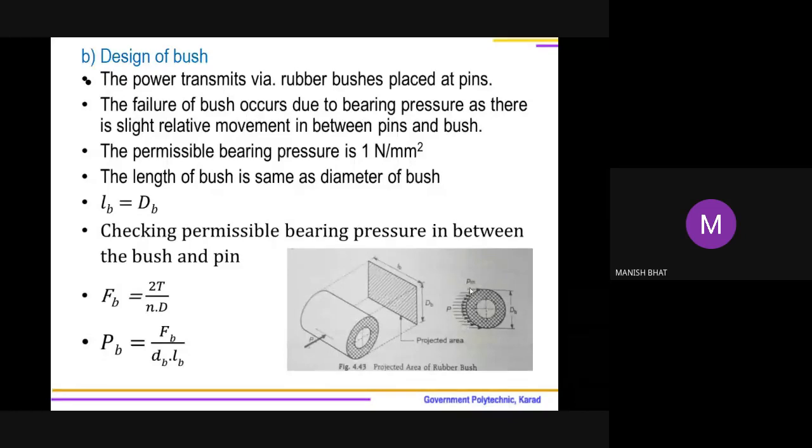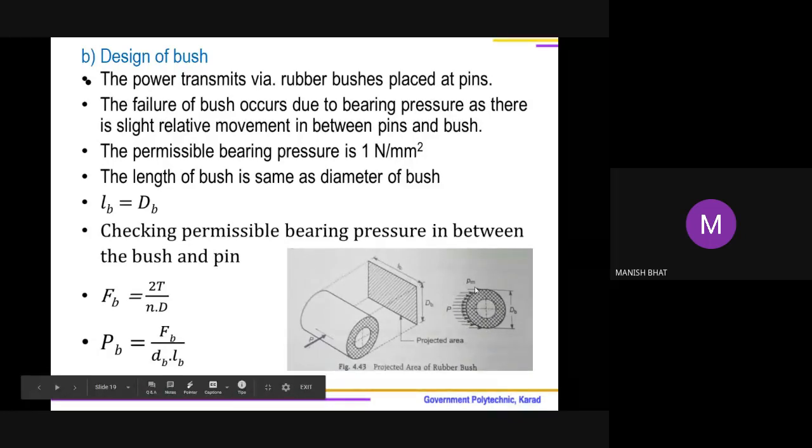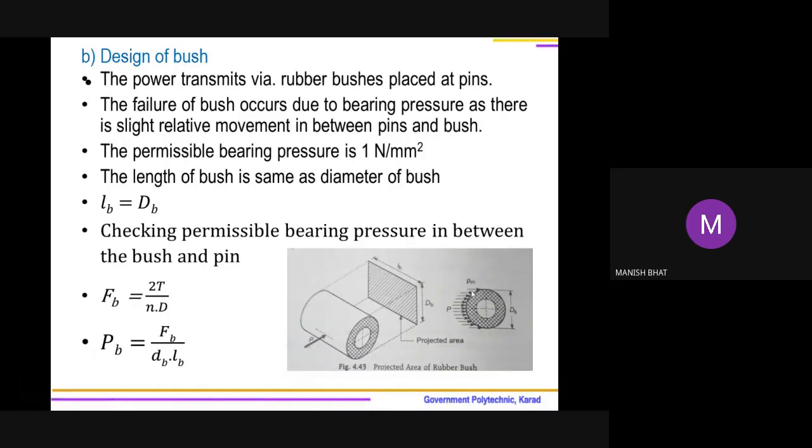So this is a half cylindrical surface of a bush. But as we have learned in crushing, same is the case in bearing pressure. Instead of considering this half cylindrical surface, we will simplify by projecting it on the axis. If I project this arc, meaning if I extend all the points on the arc on this particular plane passing through the axis, I will get a line measuring the outside diameter of the bush, that is shown in this diagram.